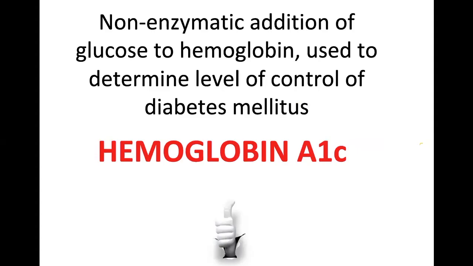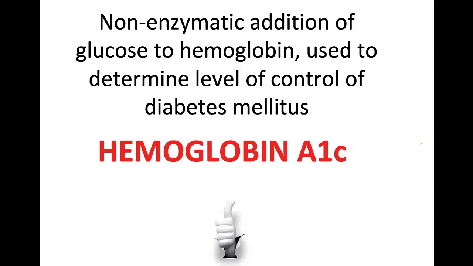Now, there is another form of hemoglobin which is formed with the non-enzymatic addition of glucose. So non-enzymatic addition of glucose to hemoglobin gives you hemoglobin A1C. Memorize this by heart. Now, what is the clinical significance of your hemoglobin A1C?